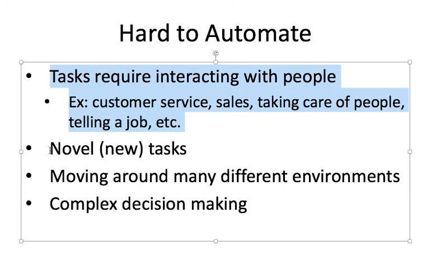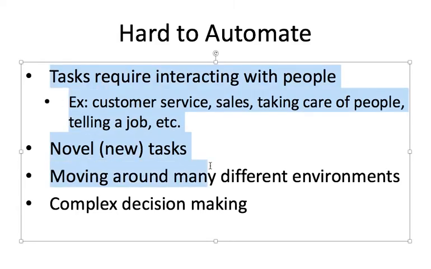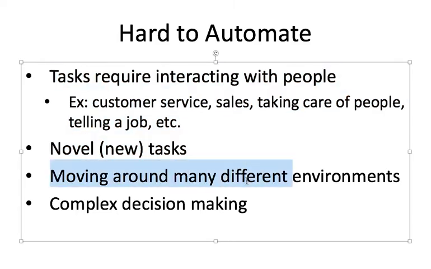Another thing that's really hard to automate is novel or new tasks. Here I'm talking about tasks that are constantly changing so that they stay novel and new. Of all of these, this one is probably the one they've made the biggest headway in: moving around many different environments.